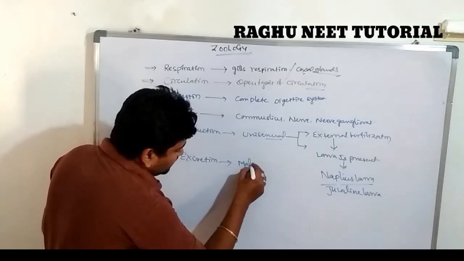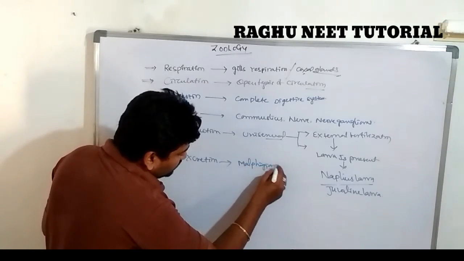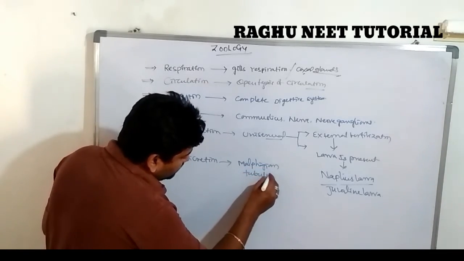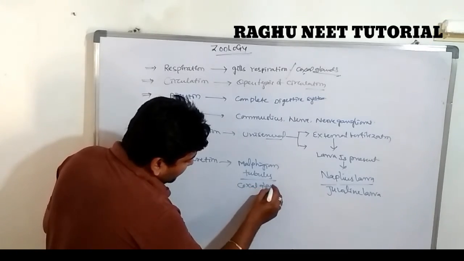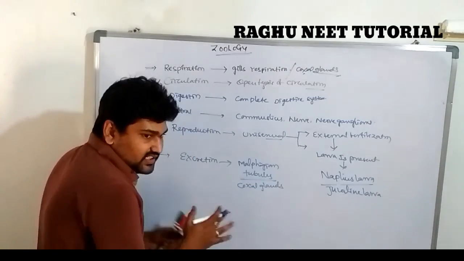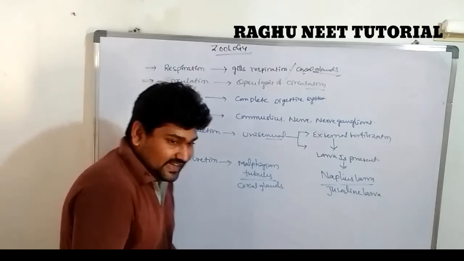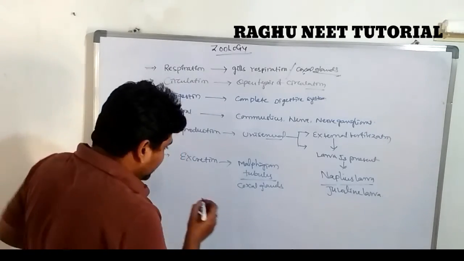Malpighian tubules and coxal glands. So this is the information. Examples of crustacea, I will give more and more examples.